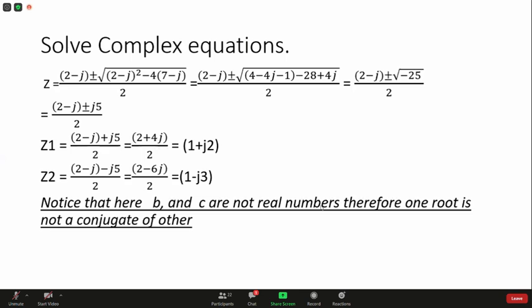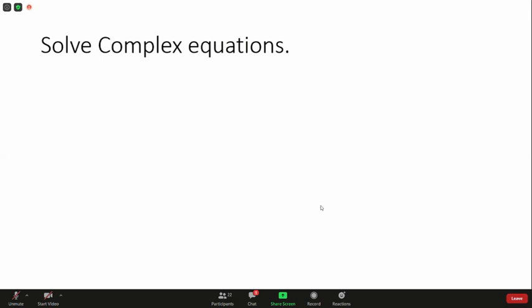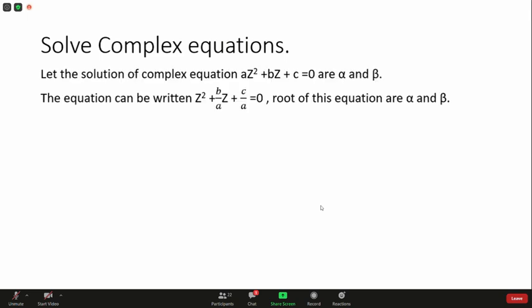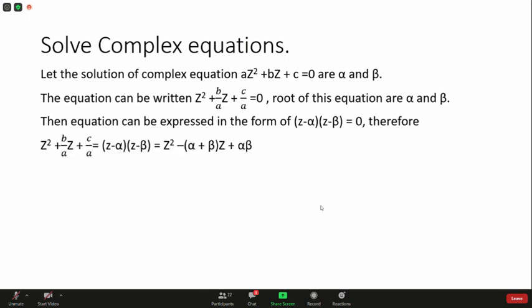Remember, even if A, B, C are not real numbers but complex numbers, we can find the roots using the same formula. This is the theory part that I just mentioned earlier. It is not difficult. For the roots alpha and beta, alpha plus beta should equal minus b by a. This is the relationship between the roots and the coefficients of the equation.